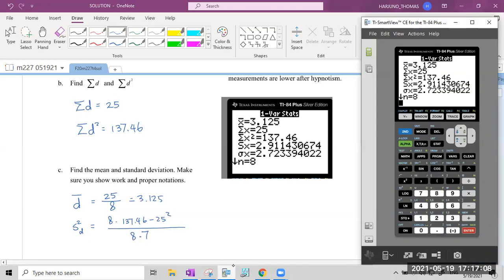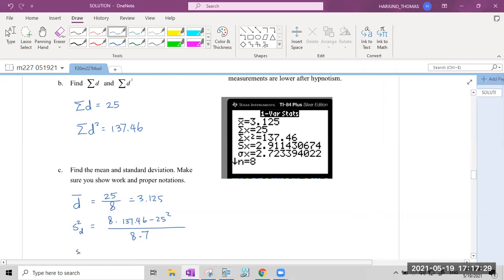Now use your calculator. 8 times 137.46 minus 25 squared, divided by 56. That's 8.47643.